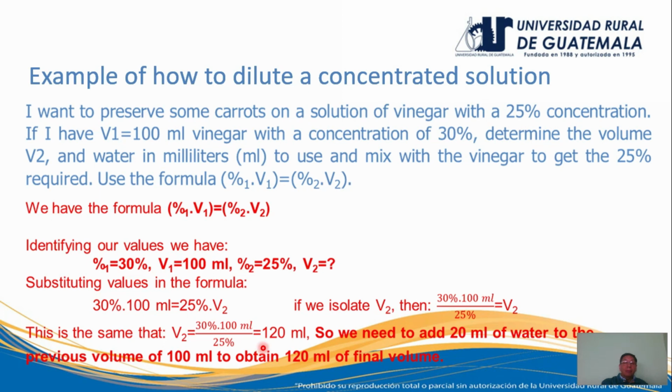We will get the solution of these operations, and we will obtain 120 milliliters. It means that we will need to add 20 milliliters of water to the previous volume of 100 milliliters to obtain a total final volume of 120 milliliters. So this is the way we can solve this type of problem. Let's continue.